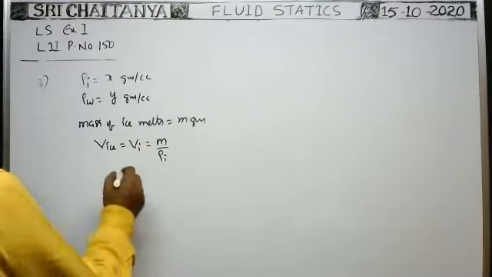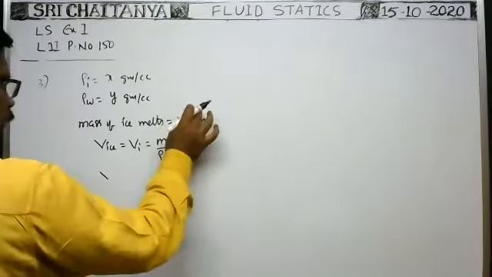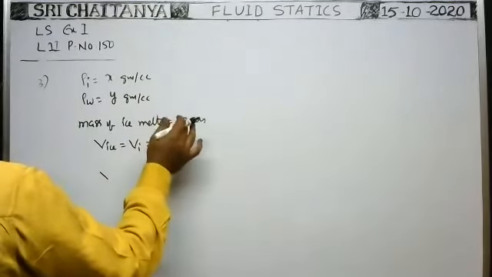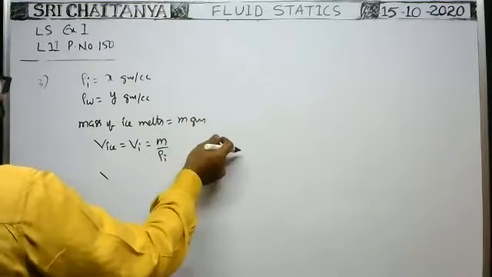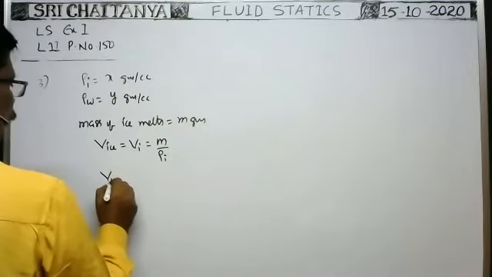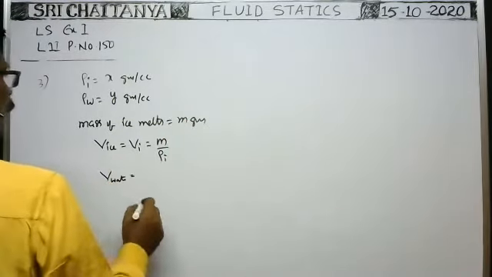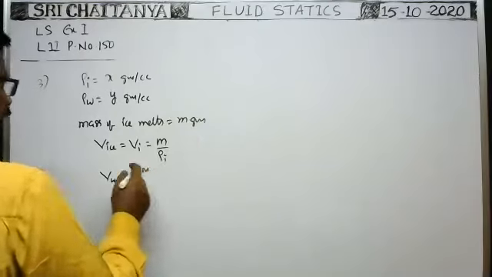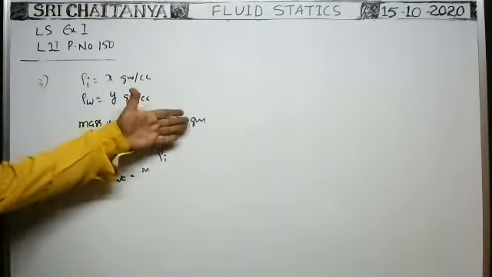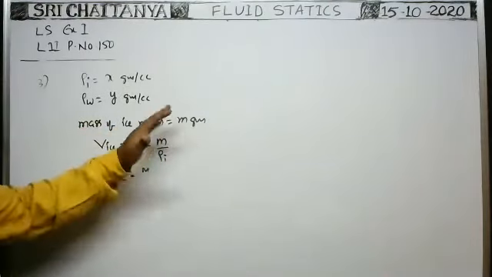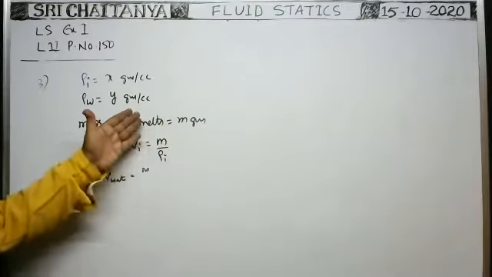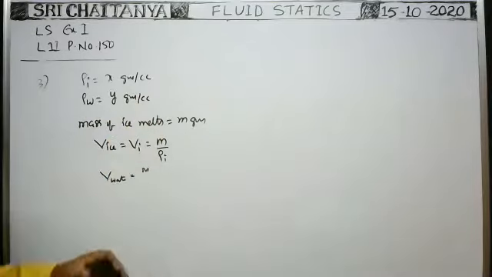Volume of the water is how much? When m mass of the ice is melted, it is converted into water. Then what is the volume of water? Mass is the same. Even when m mass of ice is melted and converted into water, mass does not change. But whenever it is converted into water, the volume decreases.